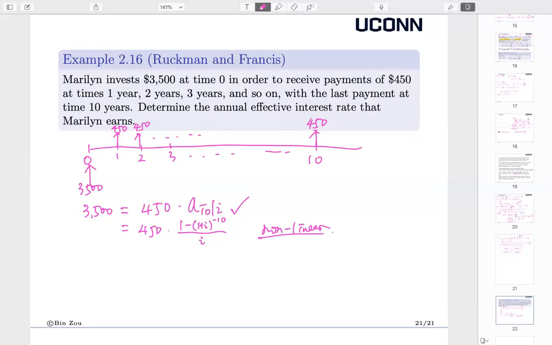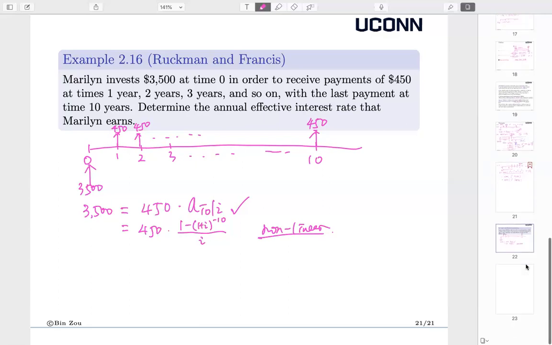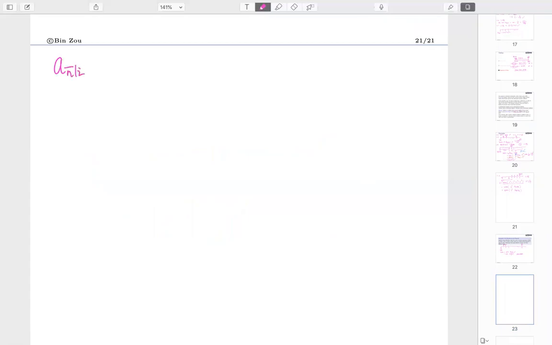Right. So now let's analyze something. Before we solve this, let me use one more page to study something in general. This is nothing but the present value of annuity immediate. Right?